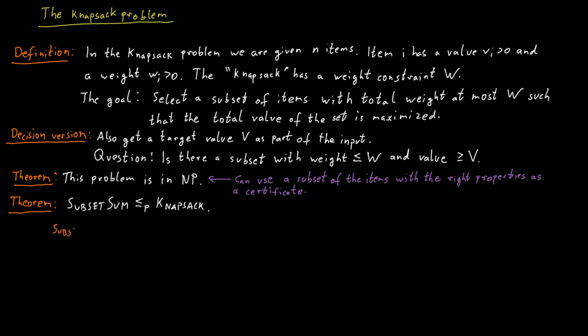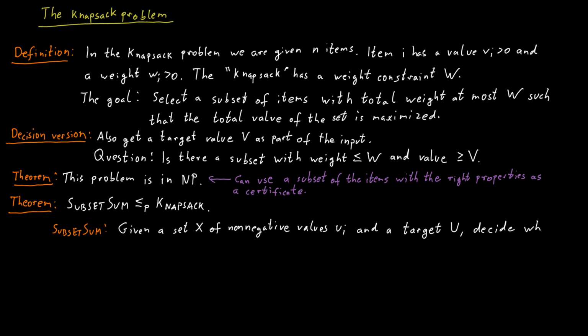As a reminder, in subset sum, we are given a set of non-negative values and a target integer, capital U. And the question is, is there a subset of those values such that the values in that subset sum up to exactly the target value, capital U?